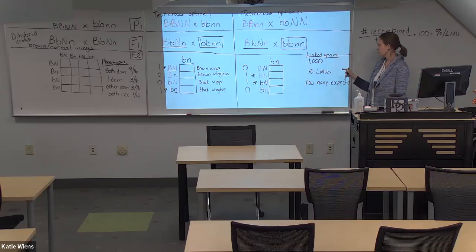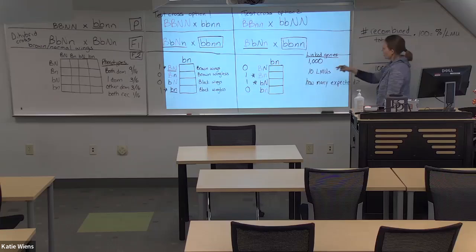In order to do this problem, I've given you the total number of offspring. So you take this math problem, and now you say, okay, my total is now 1,000. The number recombined is the thing that we don't know.